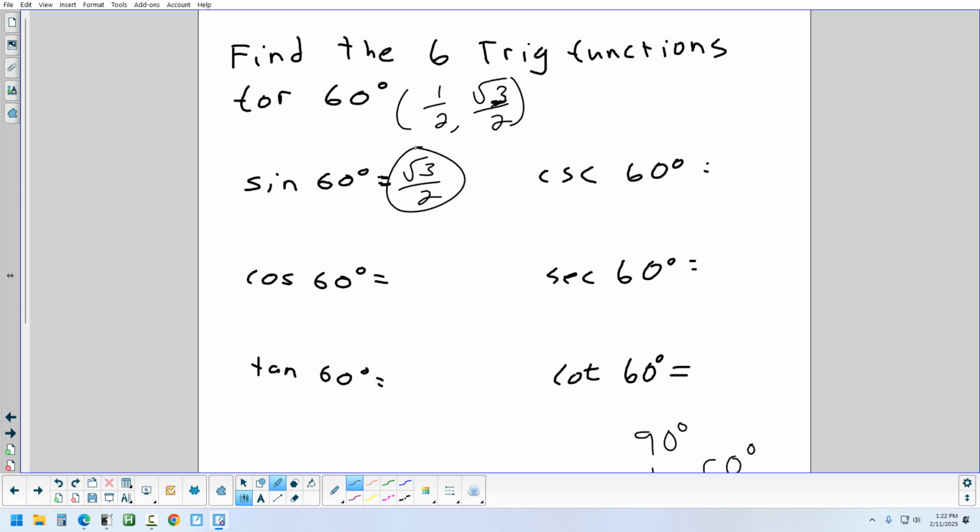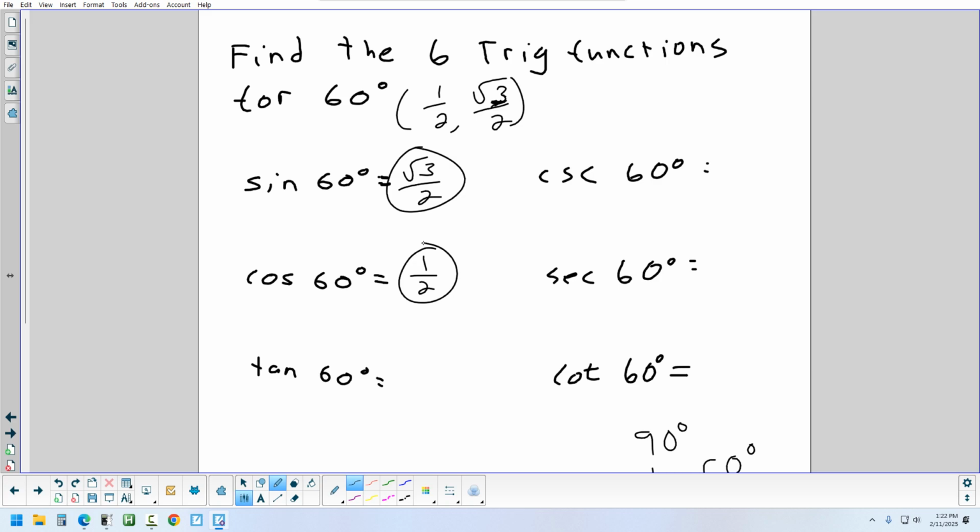You mean y over x? That's the tangent. They're all good ones we do want to do, but just not the one I want to do right now. Yep. Cosine is x. And the x value in this one? 1/2. Yep, 1/2. Okay, so there's my cosine.